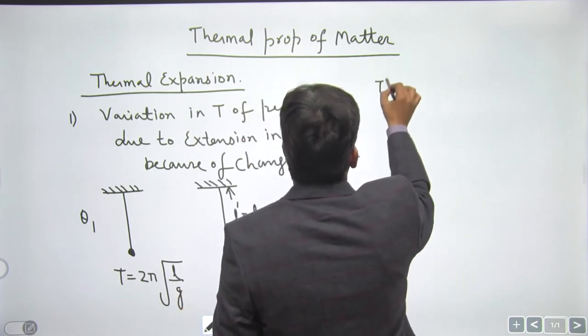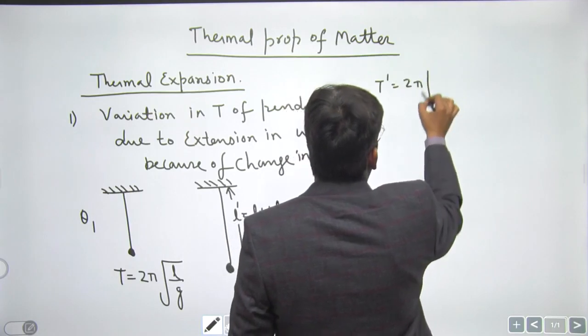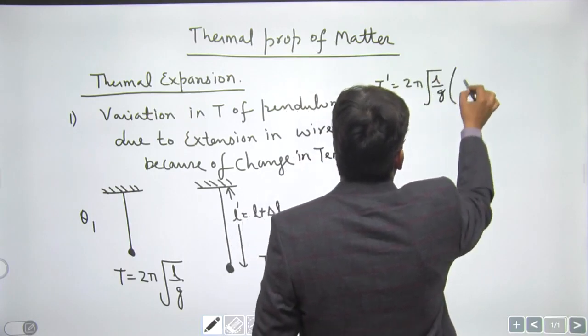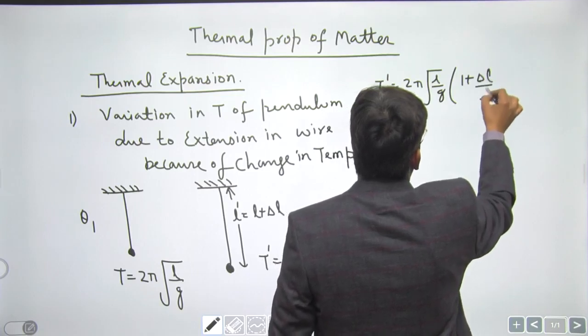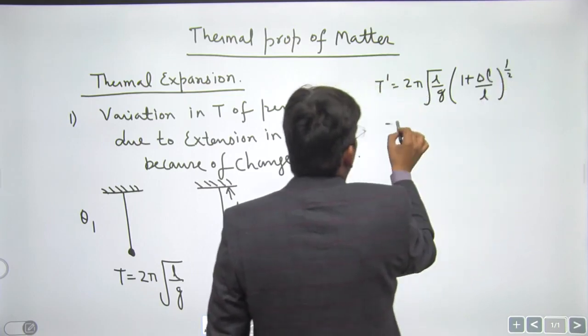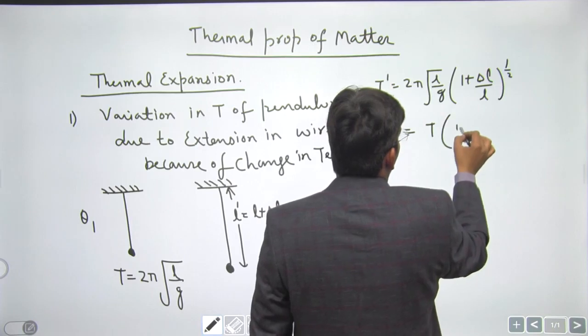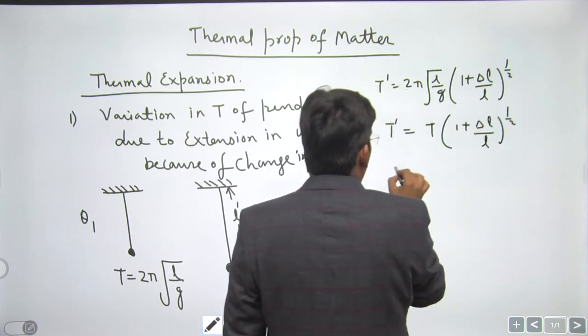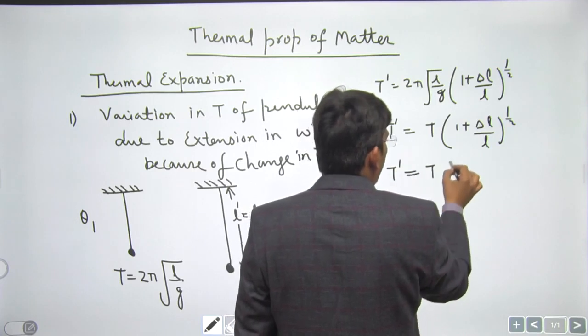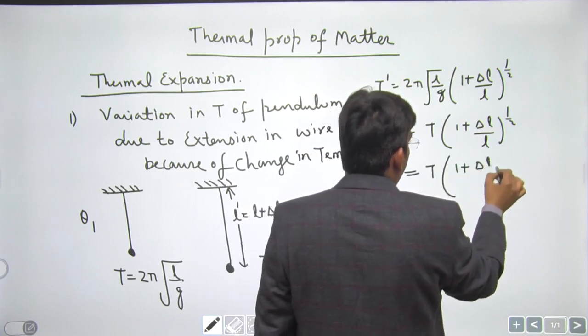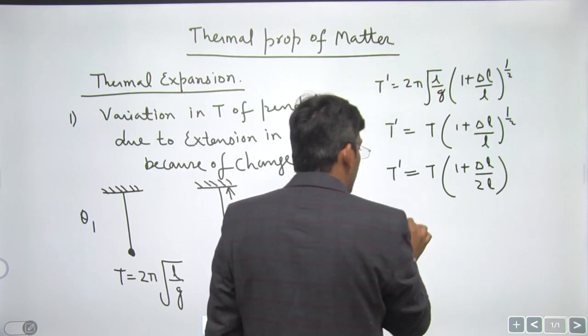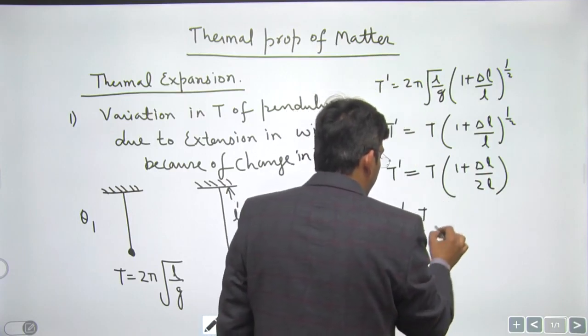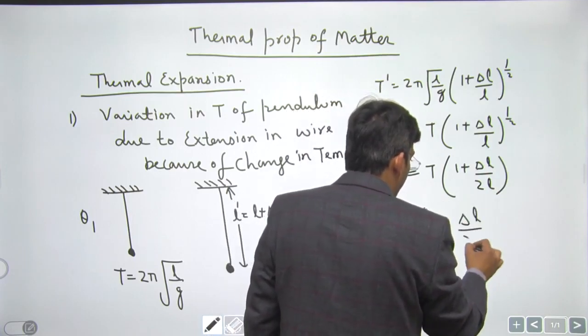So T' is going to be 2π√(L/g) (1 + ΔL/L)^(1/2). This becomes T' = T (1 + ΔL/L)^(1/2). Applying the binomial approximation, we can get 1 + ΔL/2L. On rearranging, you can get, dear students, this as ΔL divided by 2L.